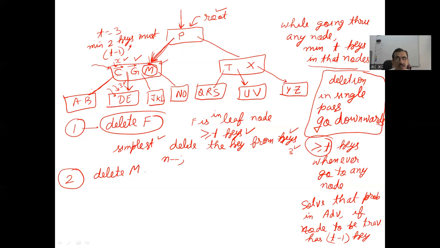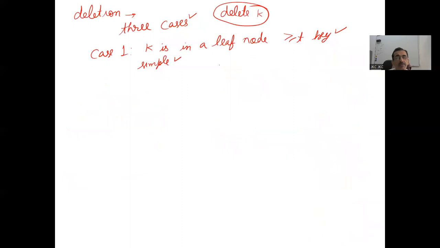But this means M cannot be simply deleted, because if you delete M, what will happen to this pointer, to this node? This pointer exists, can continue. What about this node at all? I cannot straight away just do that. So that means I take case 2.